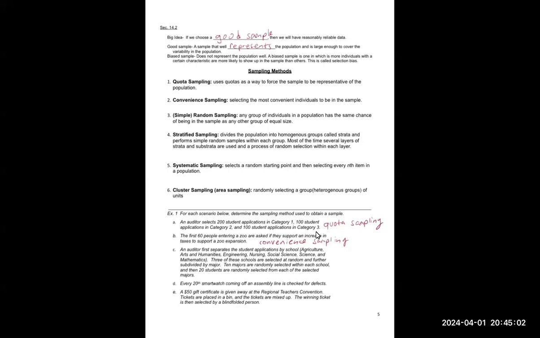They broke it up by school, then by major, and then again and again. It kept splitting up the population. And so that's stratified. C is stratified sampling.